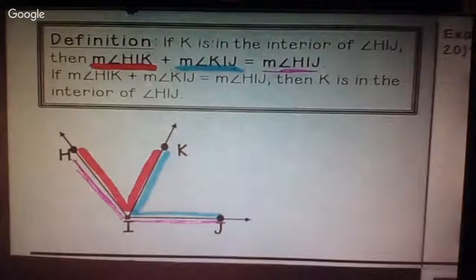So, in other words, your two smaller angles that are side by side, when I add them up, should equal the big one. That's what that's saying.